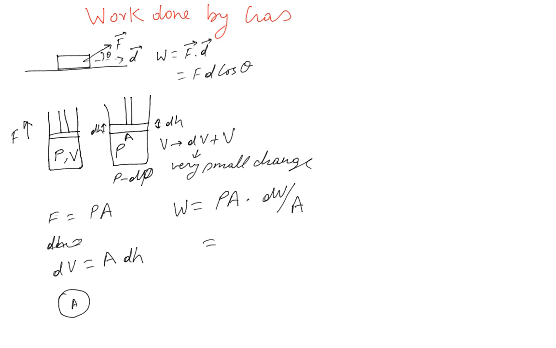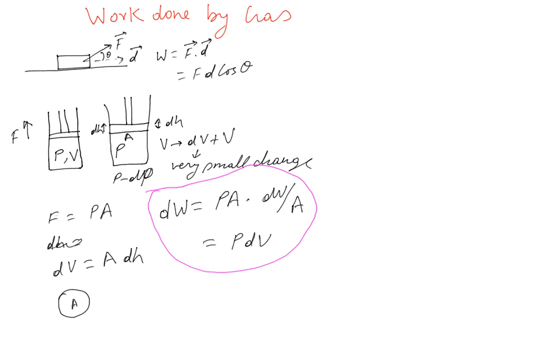This is force, this is distance. So what do we get? We get P times dV. Actually, the work done is going to be a small work, because there's a small amount of work done, not a whole lot. So we see that dW, the small work done by the force, is going to be this.